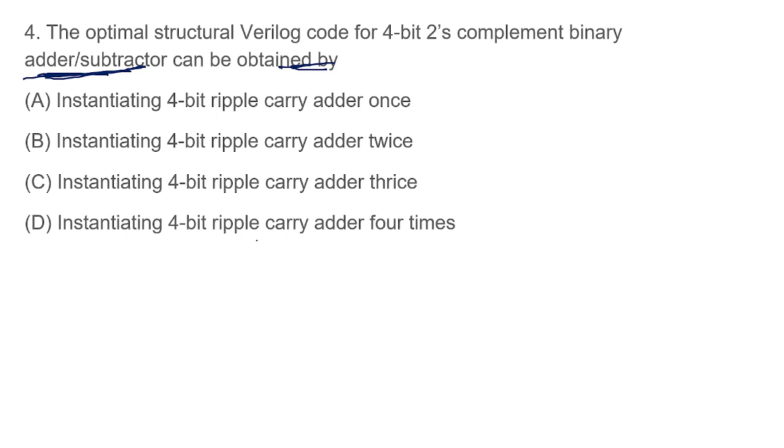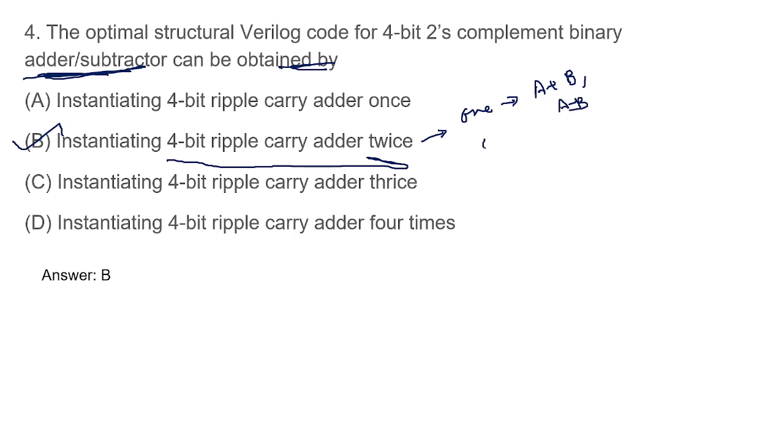So we have to instantiate the 4-bit ripple carry adder twice. One time for performing A plus B or A minus B. The second time we are instantiating it for taking the 2's complement.